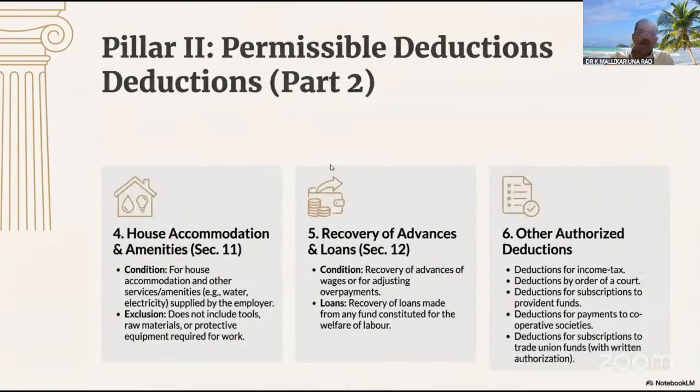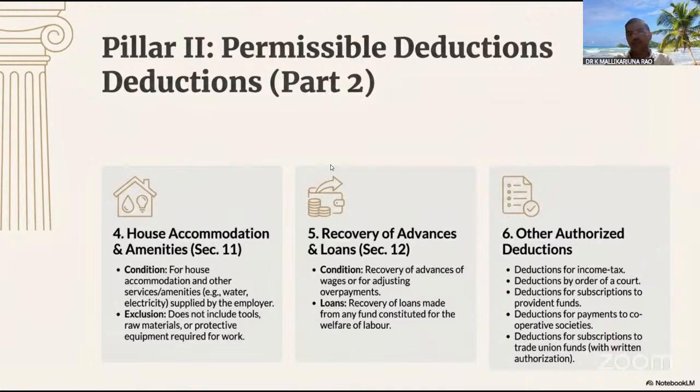Then house and accommodation deductions are permissible if the employer provides accommodation. As per Section 11 of this Act, amenities such as water and electricity supply can be deducted, and recovery of advances: amounts paid through loans and advances can also be adjusted.